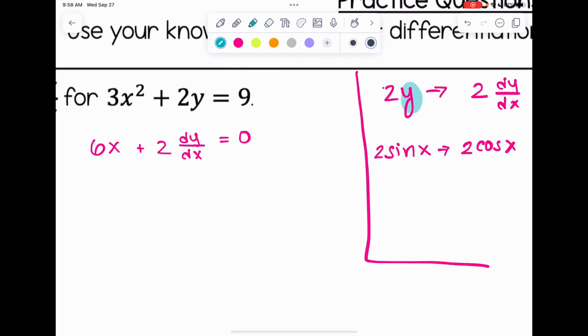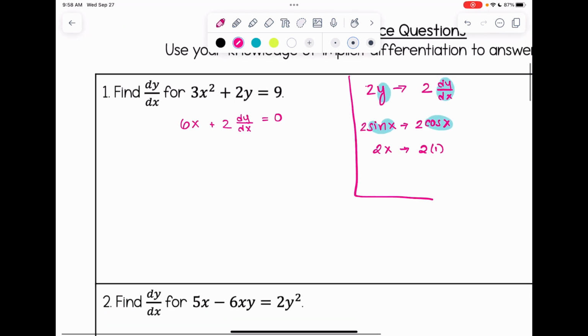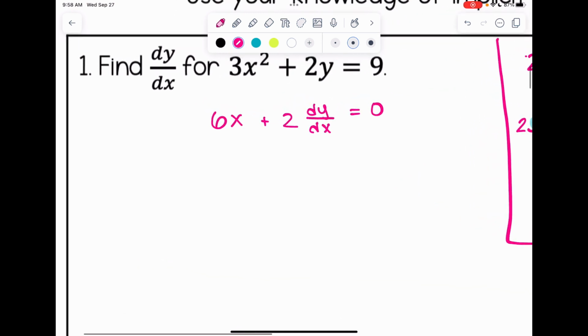We're basically taking the derivative of whatever is after that 2. Again, that's a very similar idea here. If I have 2x, the derivative is 2. The derivative of x is really 1, and that's why we get that 2 in there. And again, you could think about it like it's some unknown function, and you'll see in the next example when we have a y squared, how that will impact things too.